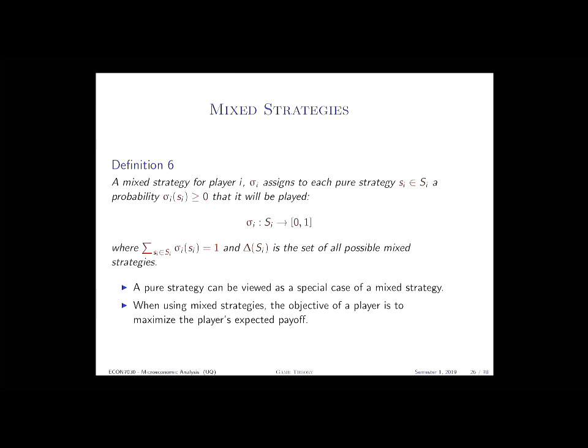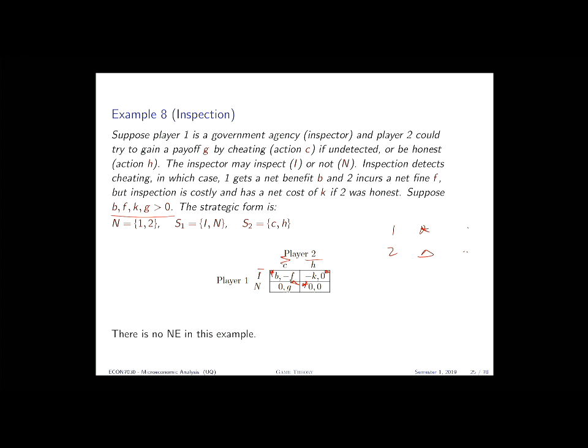Now, there are 2 points here. A pure strategy can be viewed as a special case of mixed strategy. What would be that? Those probabilities? Obviously, when I say player 1 plays I, it means that player 1 plays I with probability 1 and plays N with probability 0.